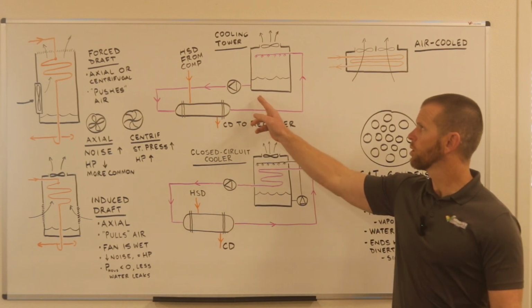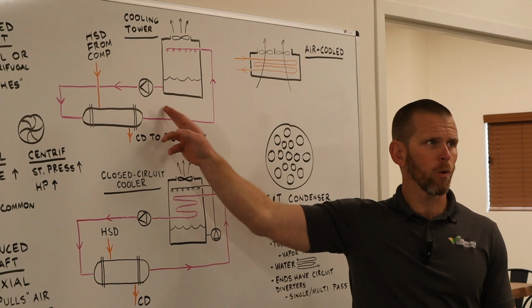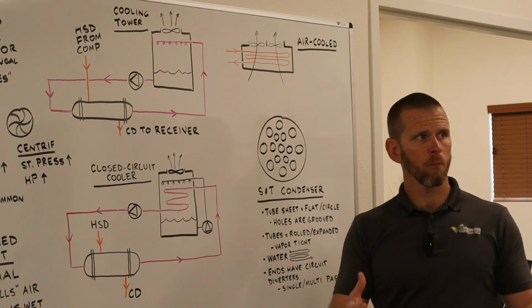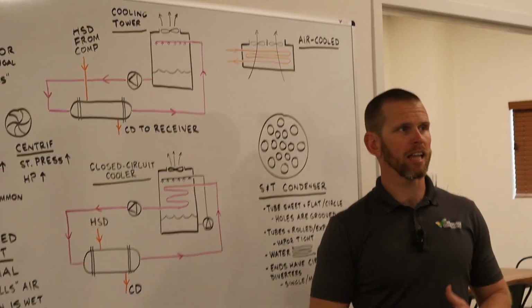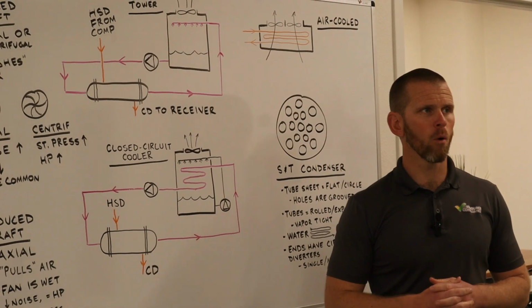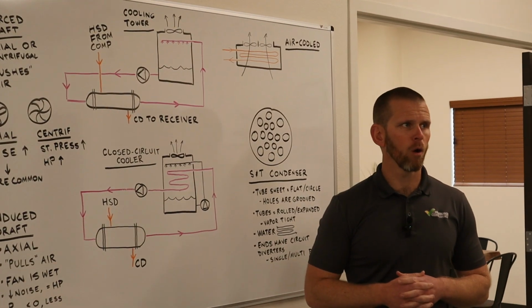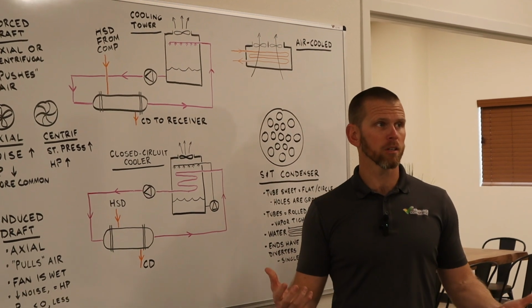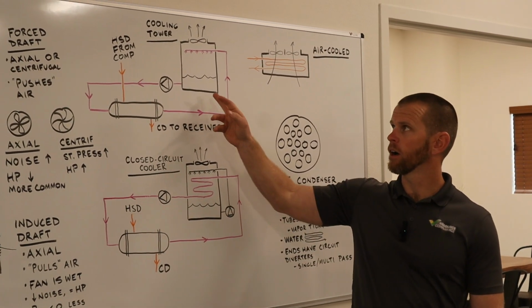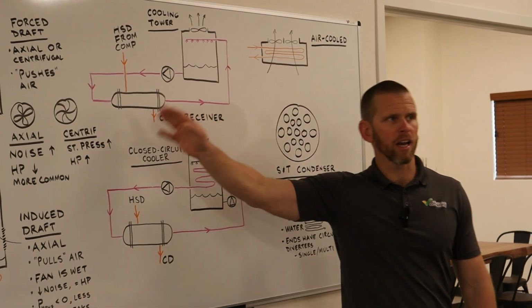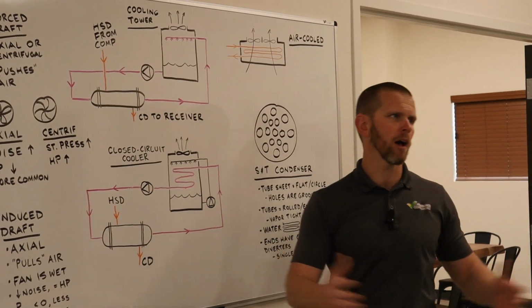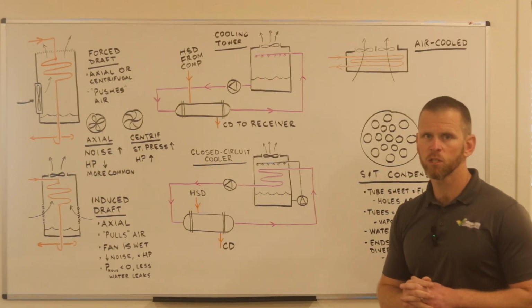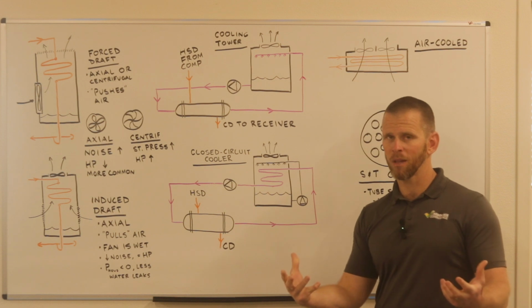Okay, the fluid cooling condenser situation is an upgrade to the air-cooled as it relates to energy costs, meaning we're going to operate a more efficient system by going fluid cooling, but unfortunately we've added complexity to our system because we now have a cooling tower, closed circuit cooler, we've got a heat exchanger, we've got pumps, that means we've got pipes connecting the components to one another, so we've increased complexity.